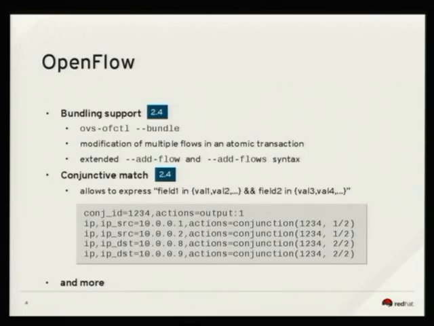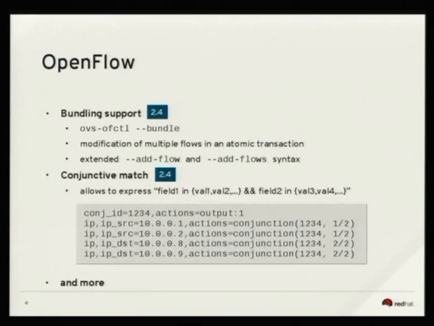One of the nice things that is new in Open vSwitch 2.4 is bundling. Now we can add, delete, and modify flows using one command, and if we specify the bundle option, it creates an OpenFlow bundle, which means that all of those flow modifications have to happen atomically and together.